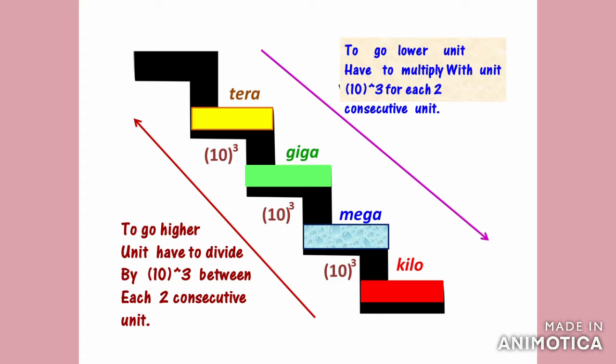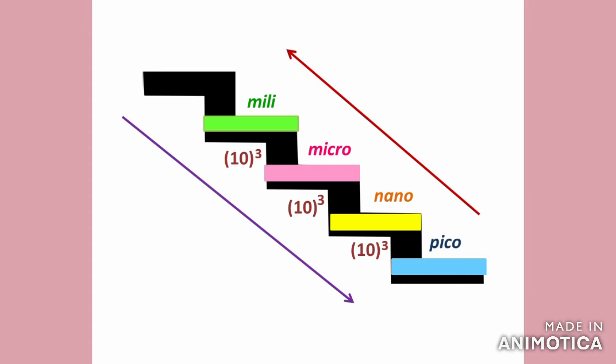Again, when we want to go to a lower unit, then for each next lower unit we have to multiply by 10 to the power 3. If we want to go to a lower unit from milli, then one by one we will get micro, nano, pico.